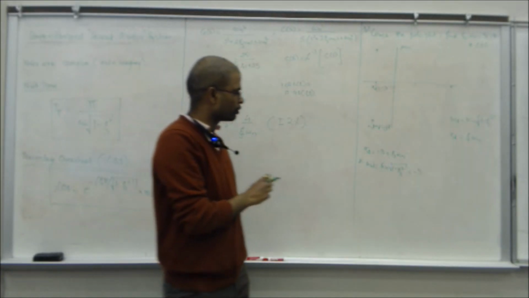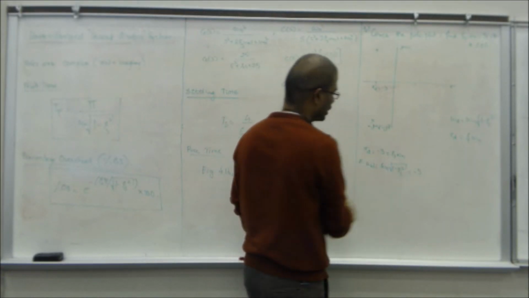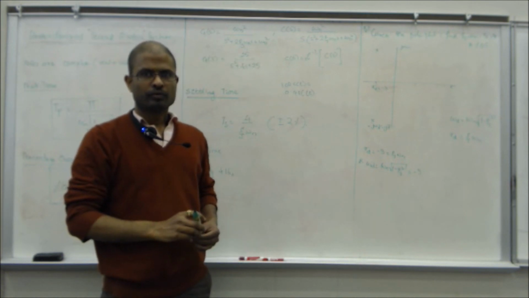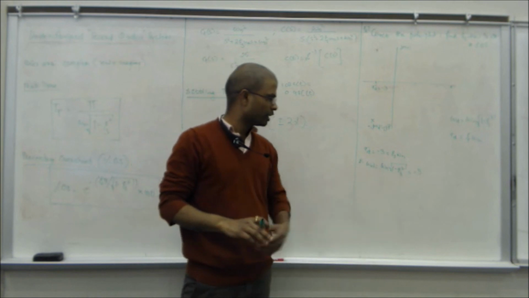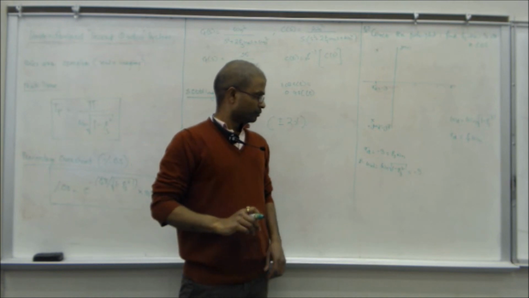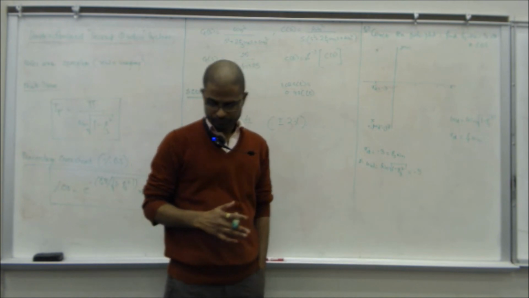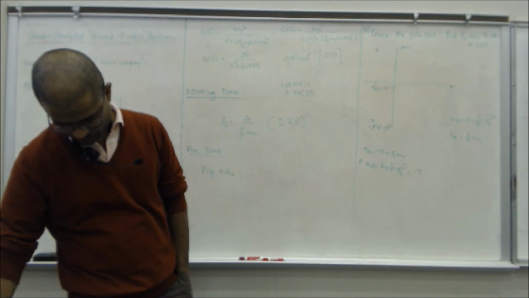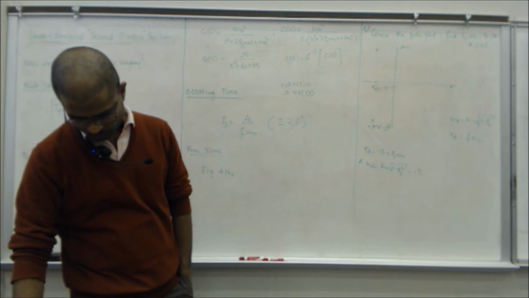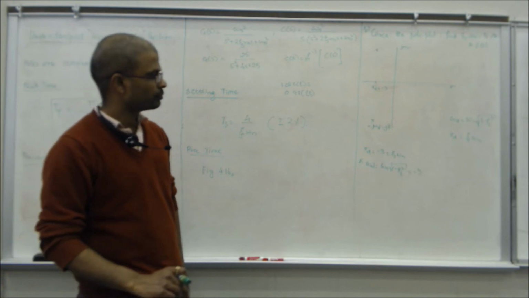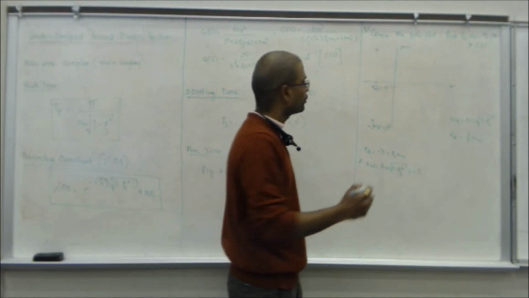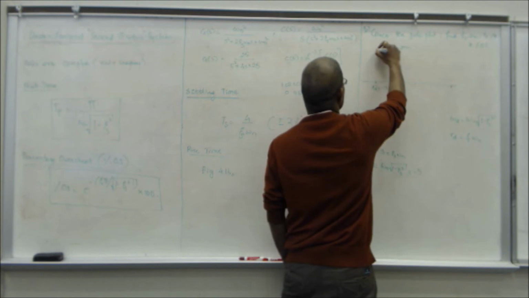Okay. So from these two you can find an expression for omega n and zeta, right? How do you find an expression for omega n and zeta? So you can either do that, or what you can do is, see, let's say this is theta.